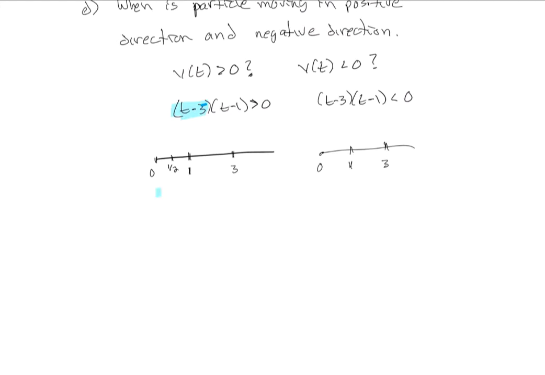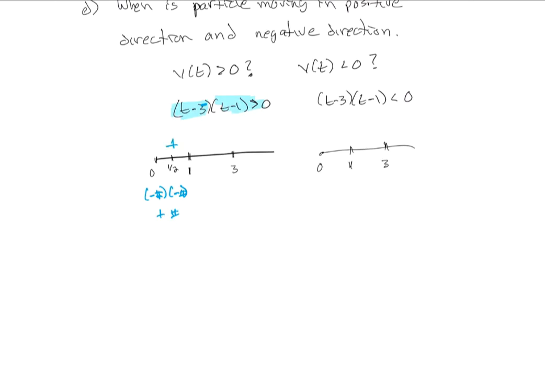And when I plug t equals 1/2 into t minus 1, I'm going to get a negative number as well. 1/2 minus 1 would be negative 1/2. So I get a negative times a negative. A negative number times a negative number is going to give me a positive number. So my derivative is going to be positive here, which means I'm moving in the positive direction.